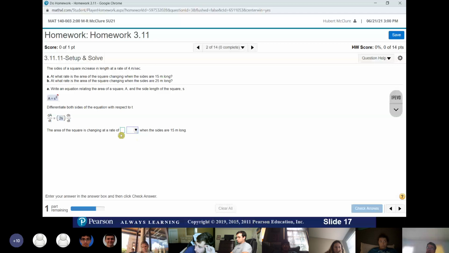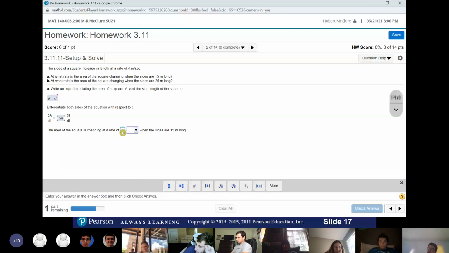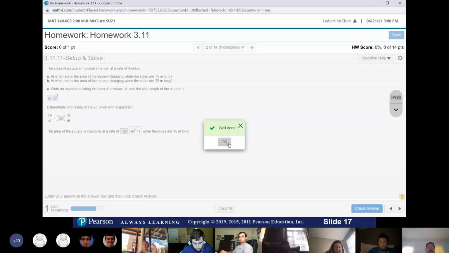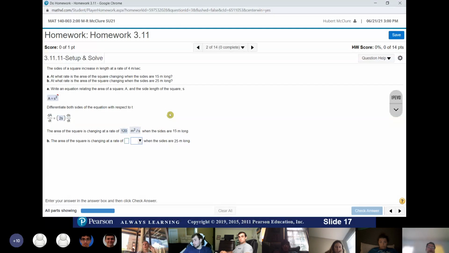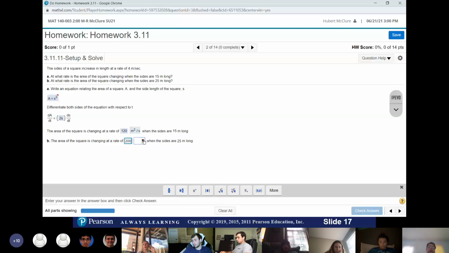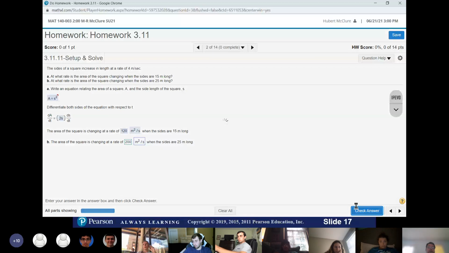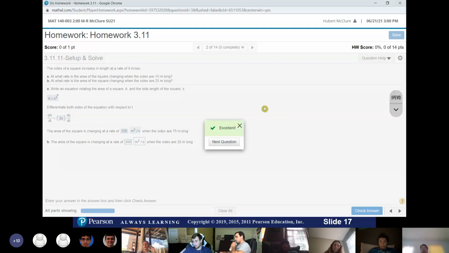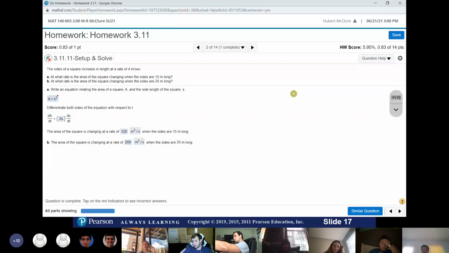And the first one is 120 meters squared per second. And the second one is 200 meters squared per second. That's a good question, and it's not that drawn out. I did throw a couple of steps in there because it needs to be done carefully.